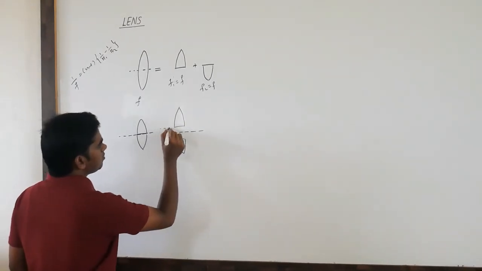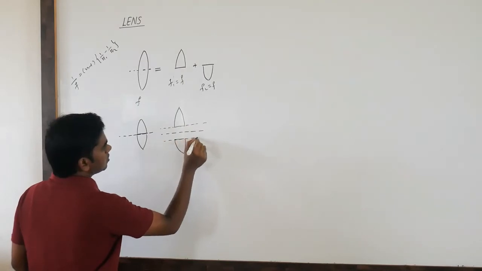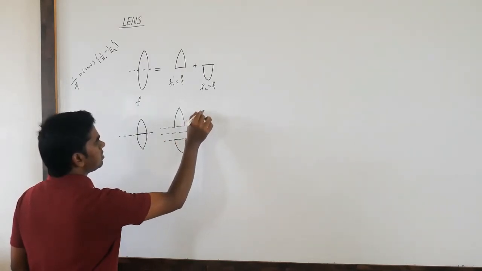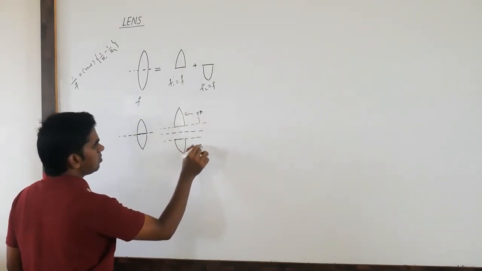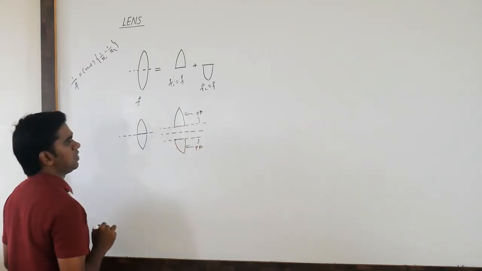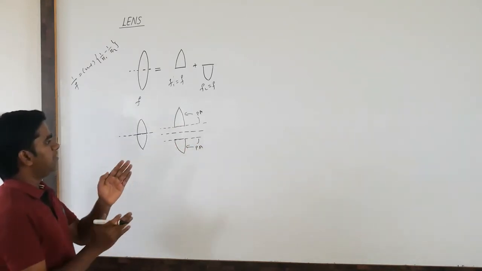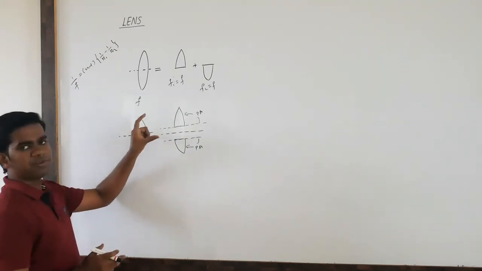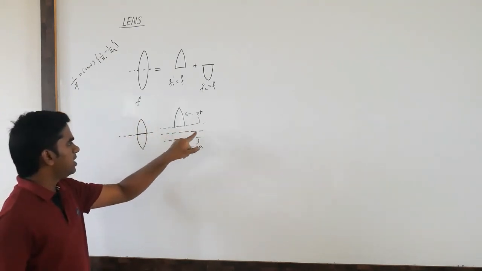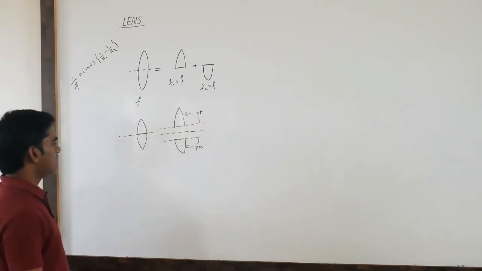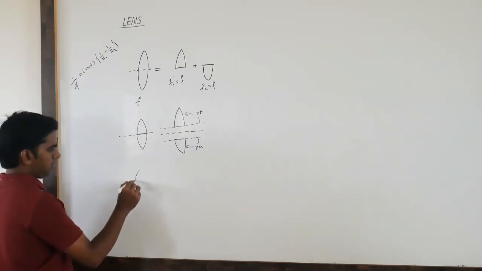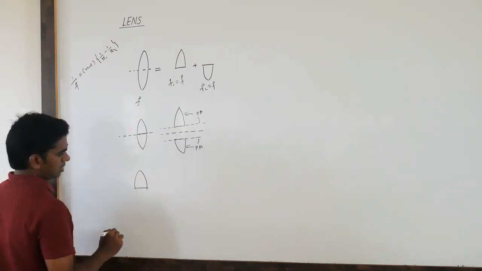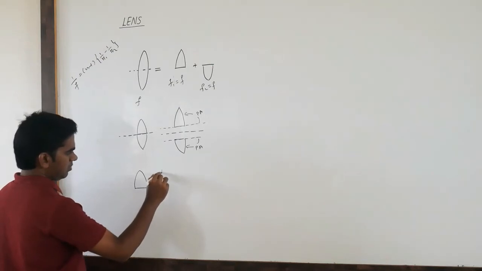The principal axis will split into two: one principal axis for this one, and one more for this one. When you separate them a little away from each other, their principal axis splits into two.